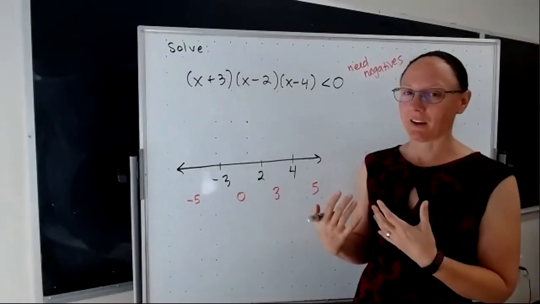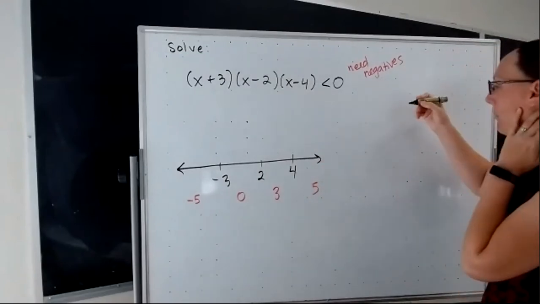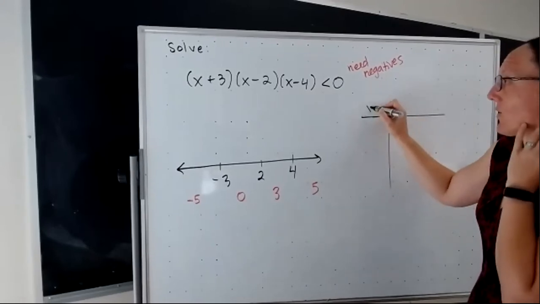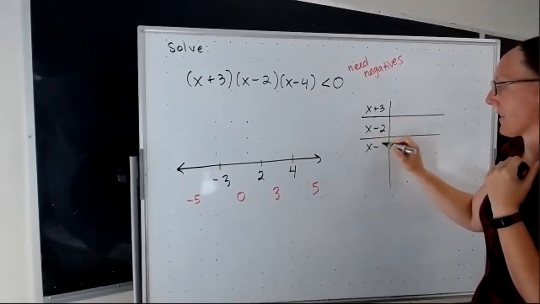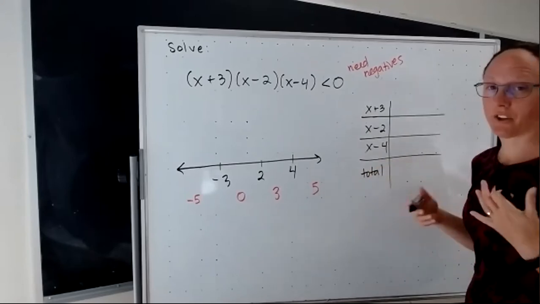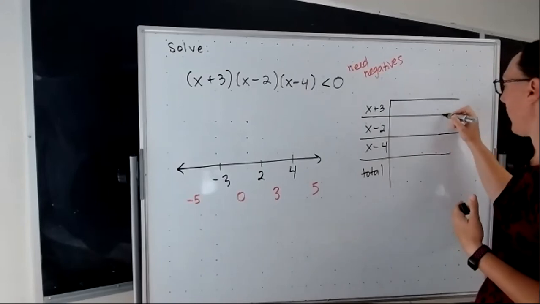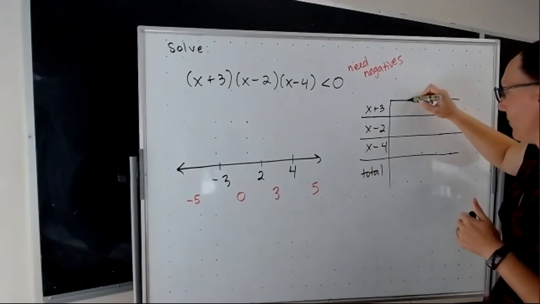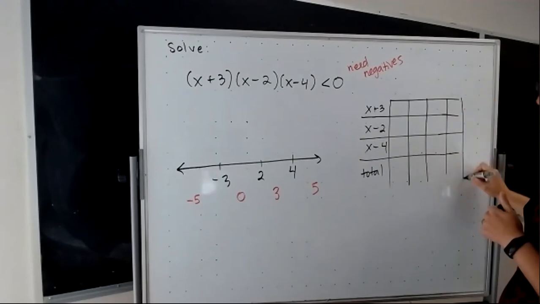So one option, just to keep track of what we're plugging in, would be to make a chart that had our different factors: x plus 3, x minus 2, x minus 4, and then the total or the overall. And then think about plugging in each of our test points. So I'd have the -5, the 0, the 3, and the 5.